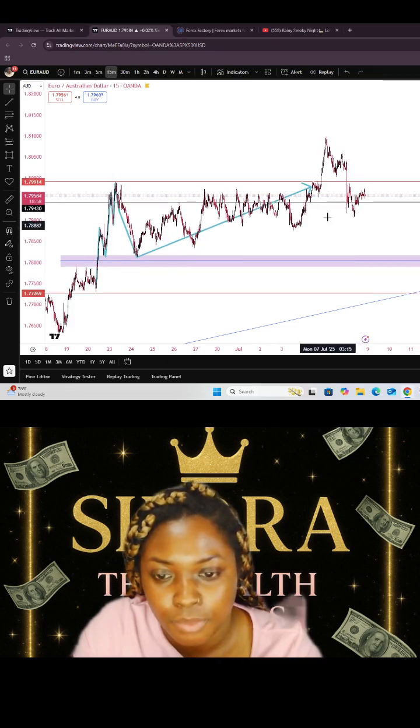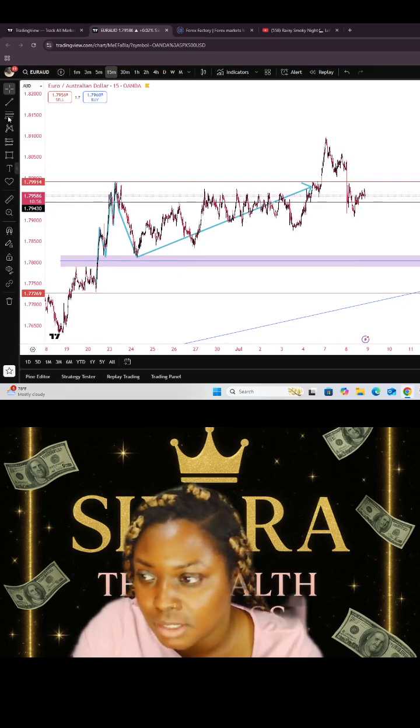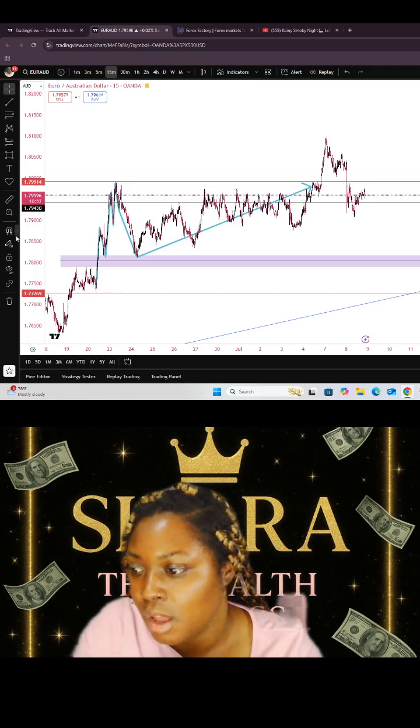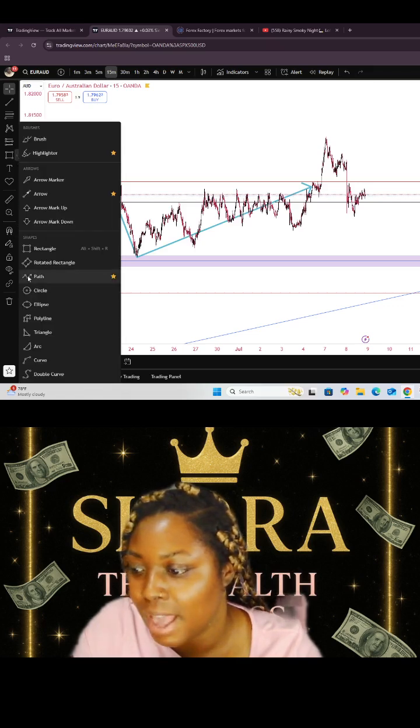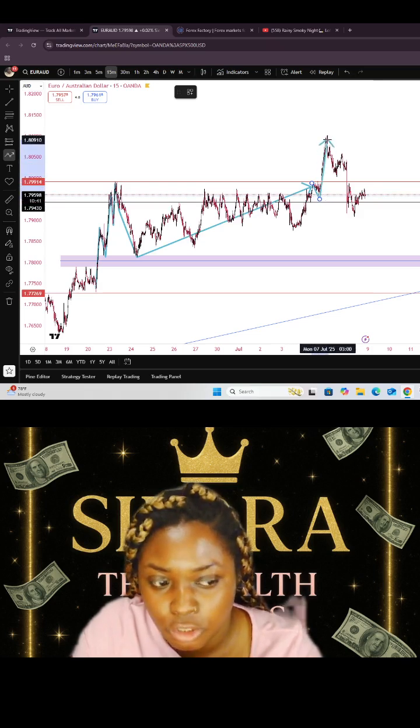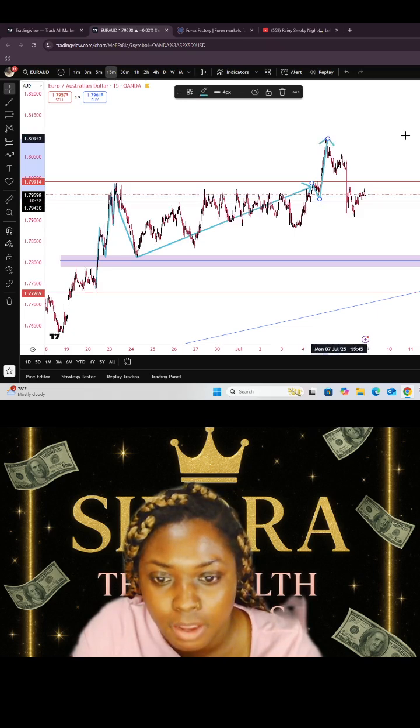So I have equal highs, and now I have a new higher low from my equal high, which is here. This is my new higher low, which took me to my last higher high.